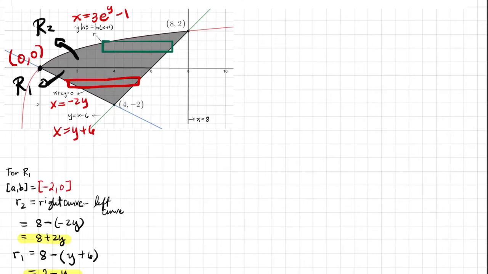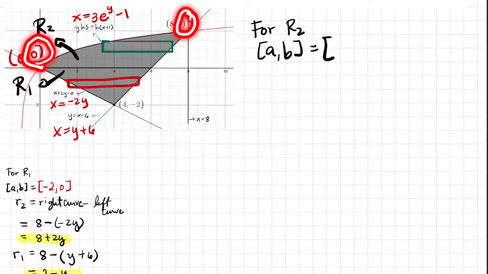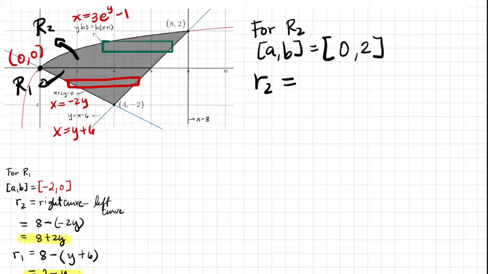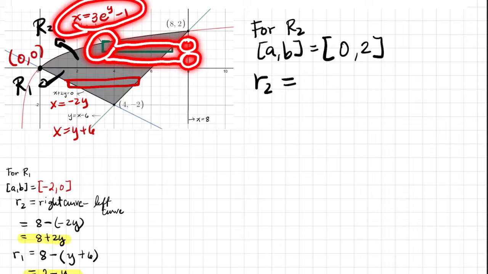Okay? Now, for the second region, what is our interval a, b? Again, because these are horizontal rectangles, we should be looking at the y coordinates. So 0 to 2. Okay? 0 to 2. The outer radius is right minus left, so 8 minus the farther tip, which has this equation.